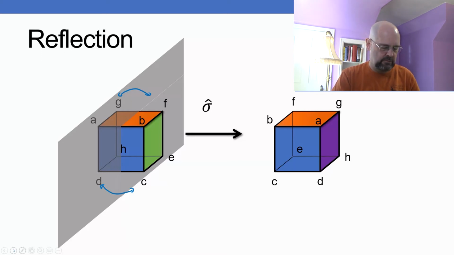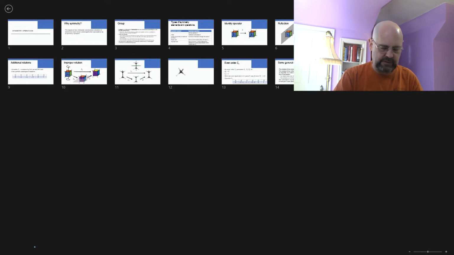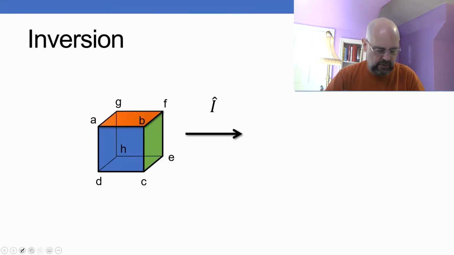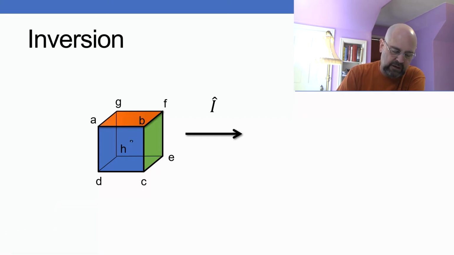Inversion. If I have my inversion point roughly here, what that's going to do is take everything back across.